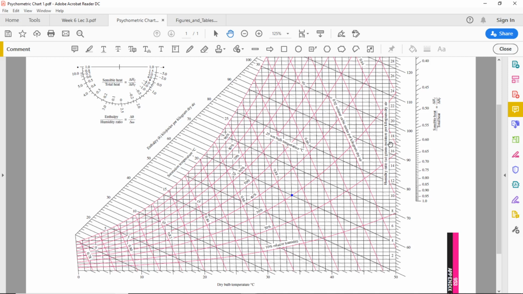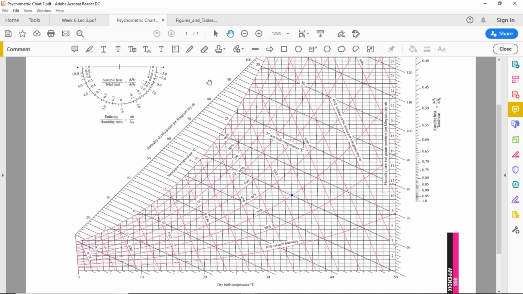So we need to first convert this value of HW from kilojoule per kilogram to kilojoules per gram, and that means we have to divide it by 1000, and when we divide it by 1000 we get a value of 0.11 kilojoule per gram, and that value we can now read on the outer scale.